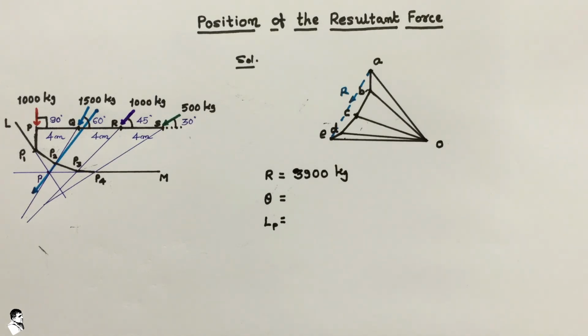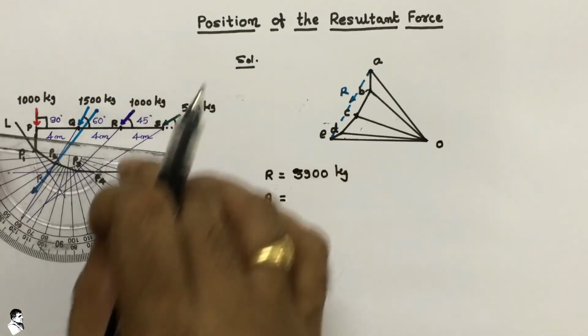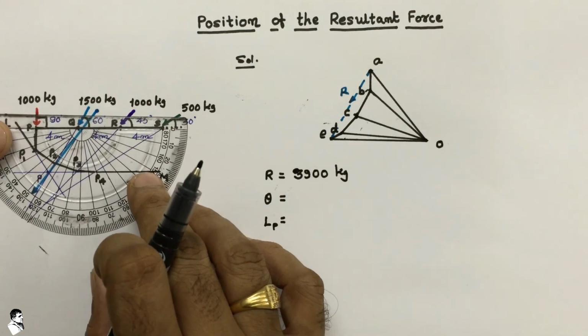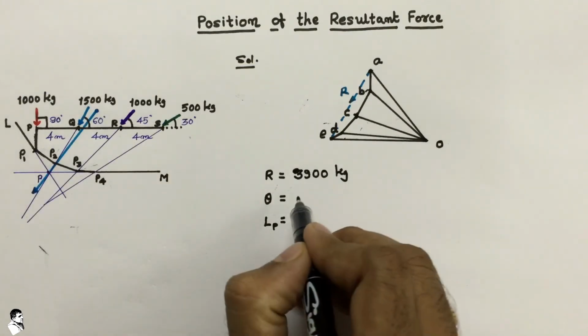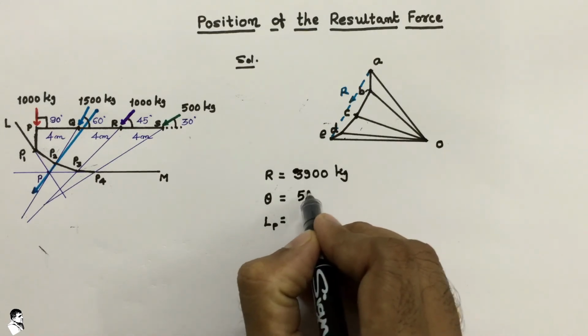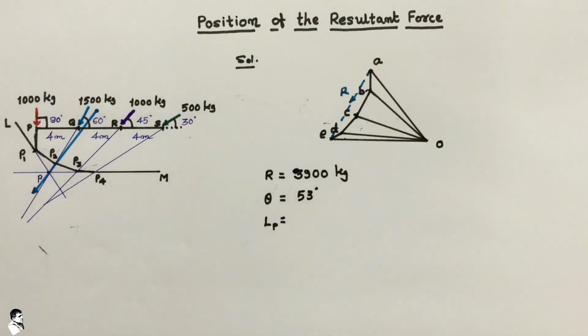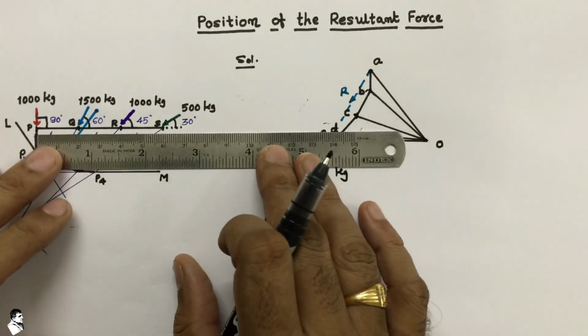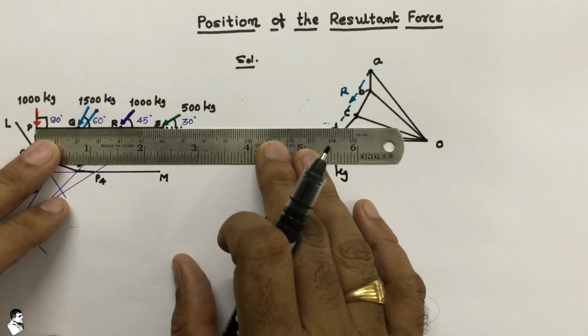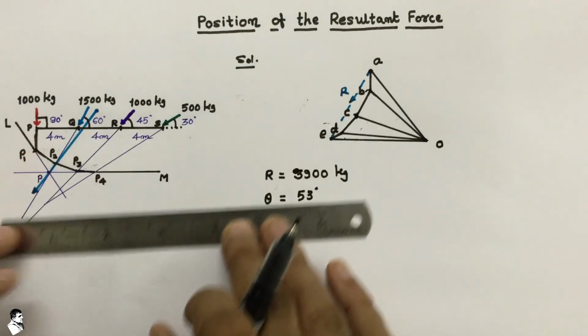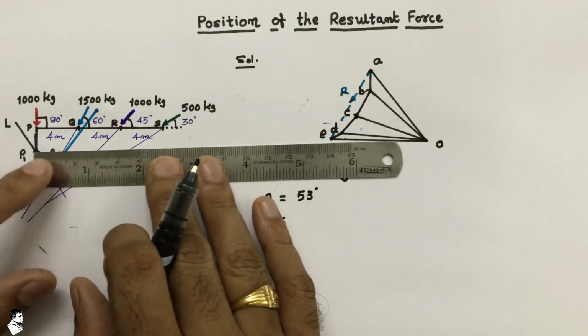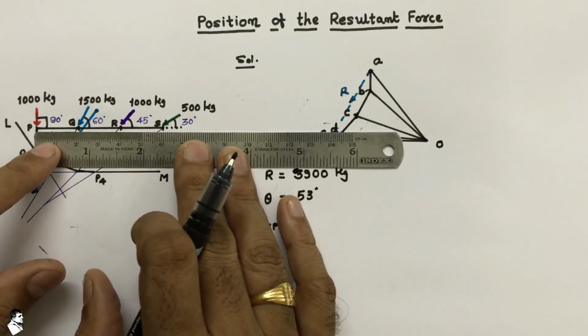And the angle that it makes with the horizontal, if we measure it, equals 53 degrees. And LP, the distance measured from point P, equals 2.2.